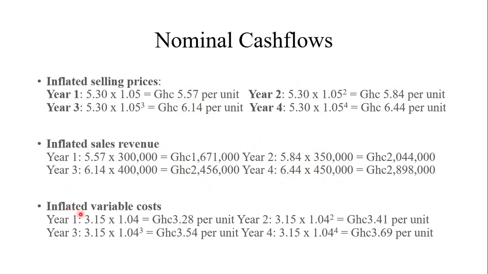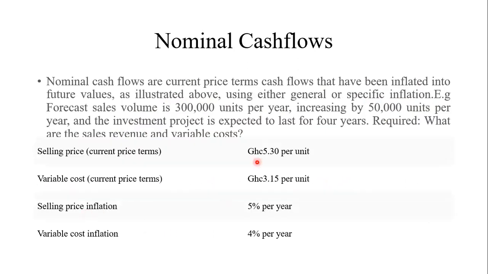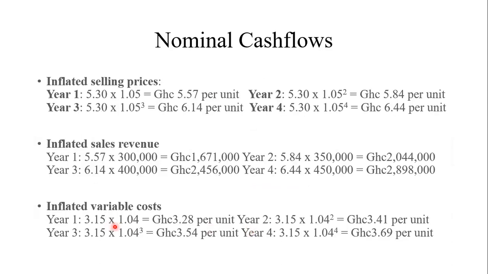Like I said, you apply the same principle to the variable costs. Variable cost is given as 3.15 from the question. We expect to inflate it by 4% per annum, which is 0.04.